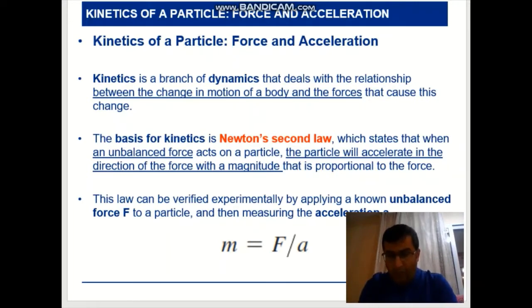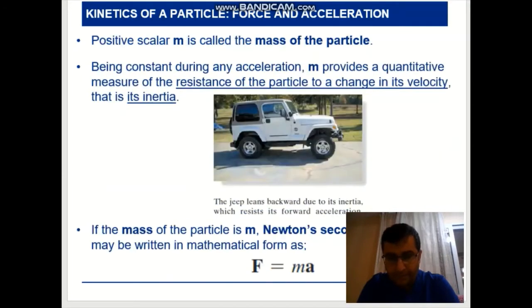Newton's second law can be verified experimentally by applying a known unbalanced force F to a particle and then measuring the acceleration a. So we had F equal to ma and m equal to F over a, as it's shown in this place. m is a scalar and is constant.